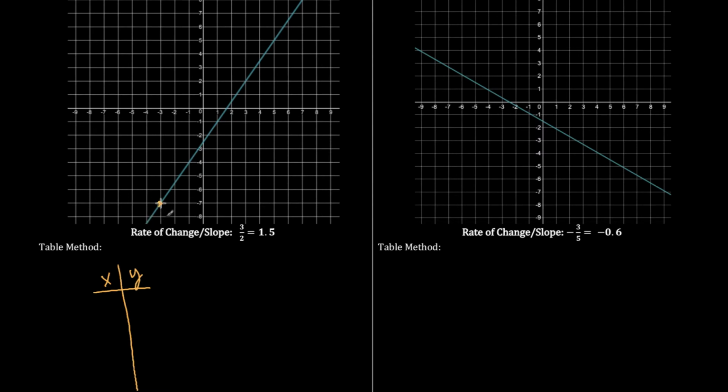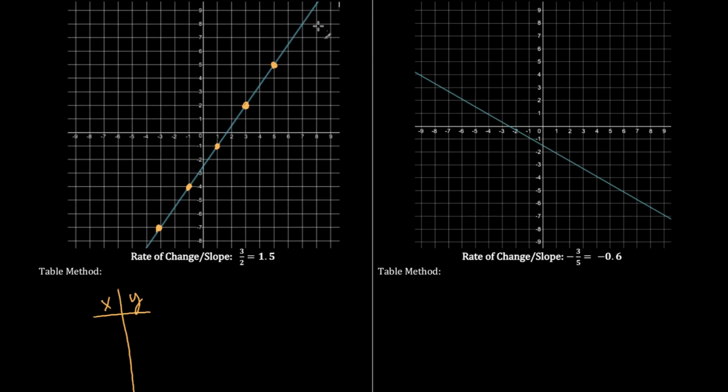So here's one, here's a nice one, here's another one, and I think there's one up here. Okay, let's label these: point A, point B, point C, D, E, F.